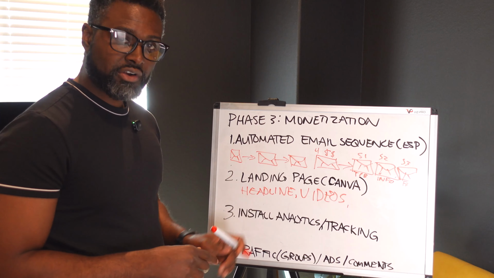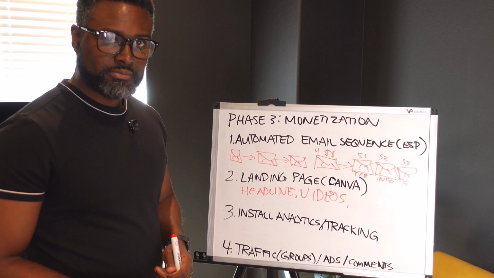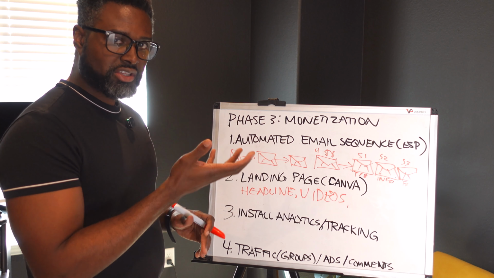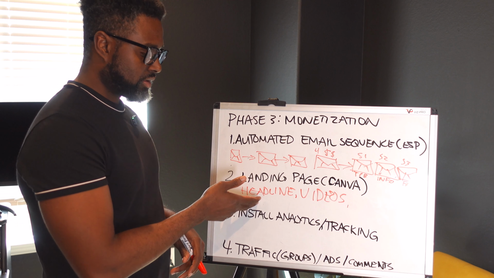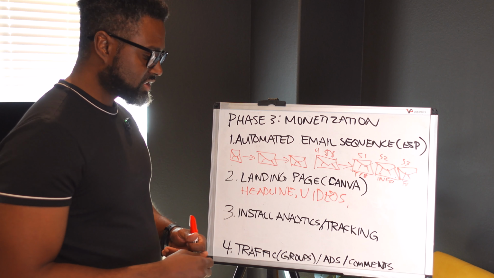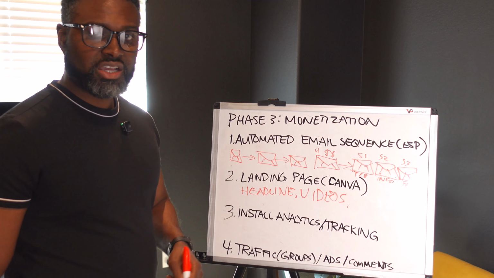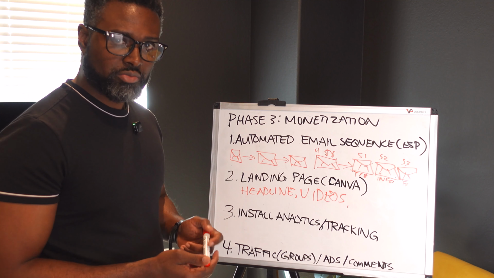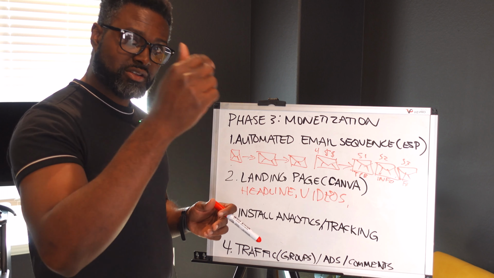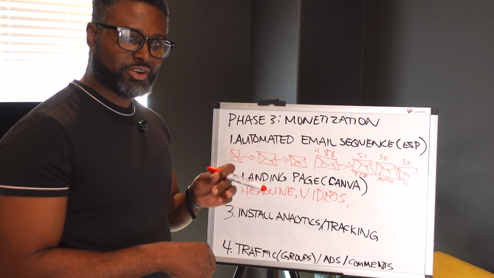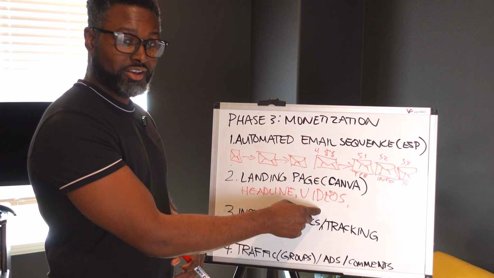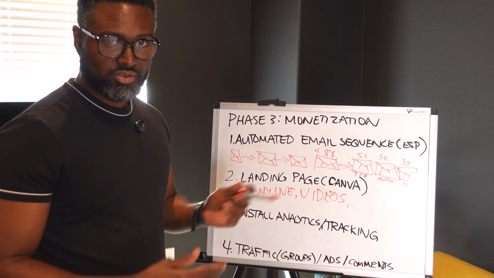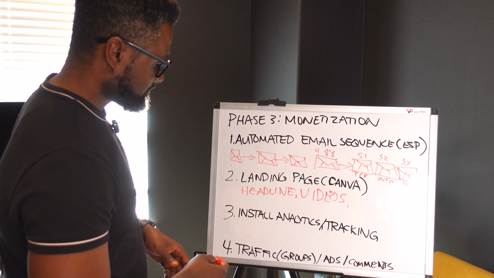I would change that first, run the traffic again. If you get an increase in conversion rate on your landing page, then the next thing I would change is the video. Got a good headline. Let's see if I can make the video better. If you make another video and the conversion rate goes down, put the old video back up. I don't know. You can test these different things.